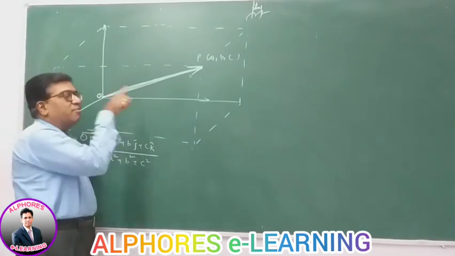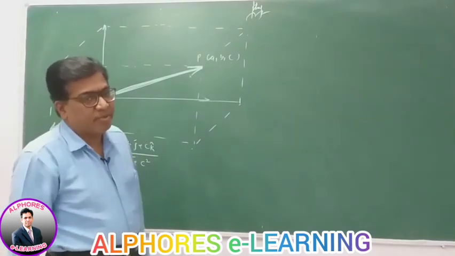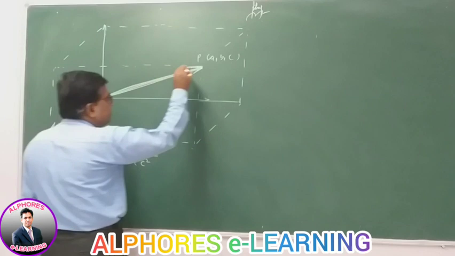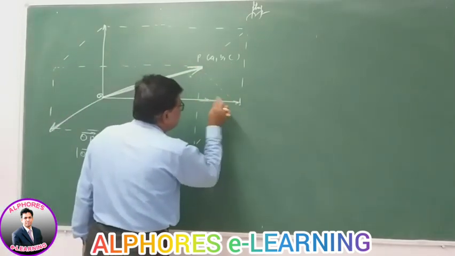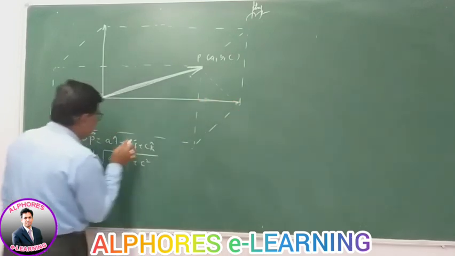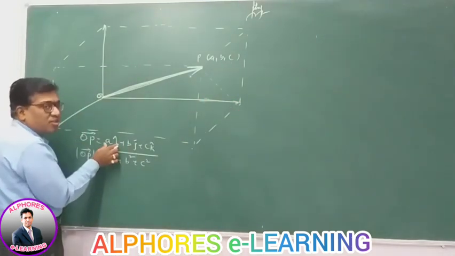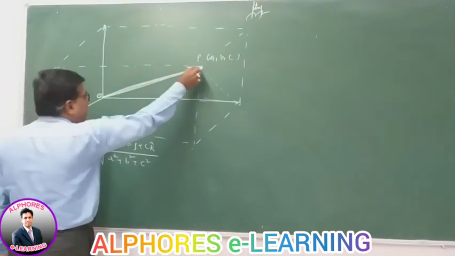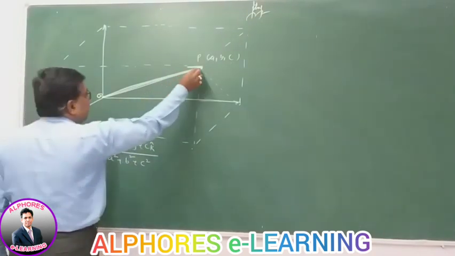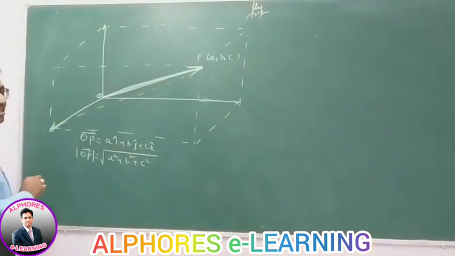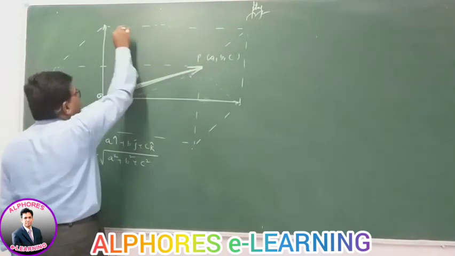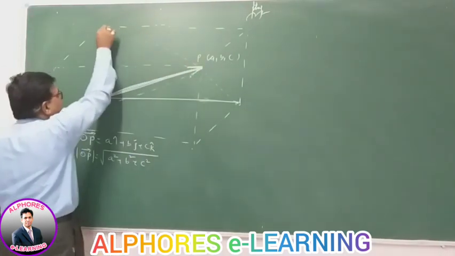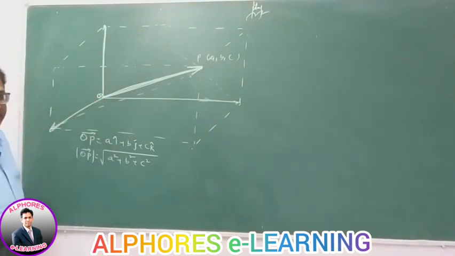Now if you take up the components of the vector, the component along x direction is a, this is the x component. The component along y direction is called the y component, that is b, and the component along z direction is the z component, that is c.